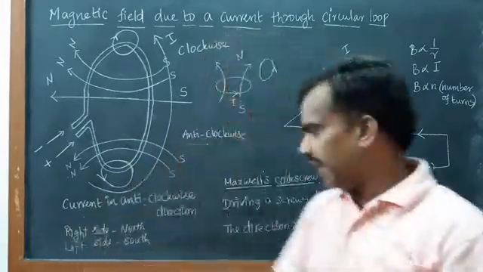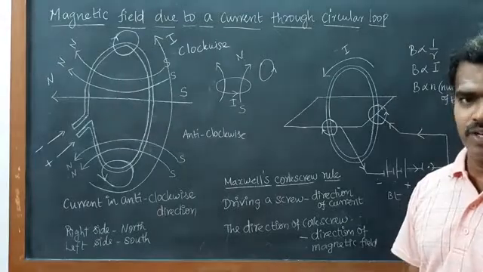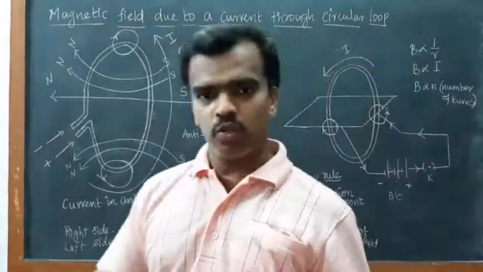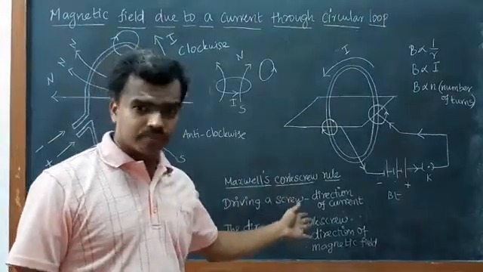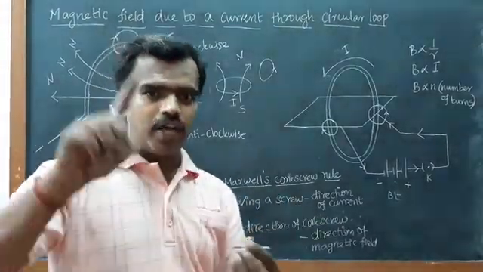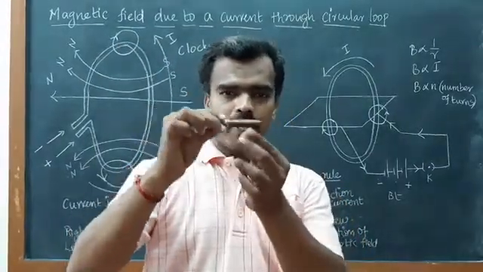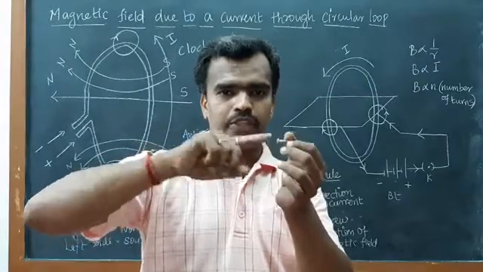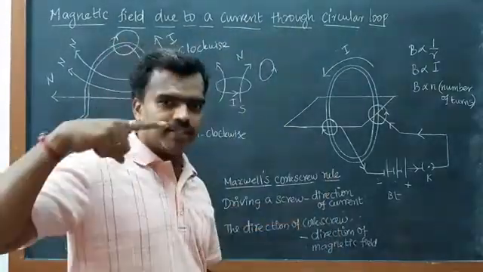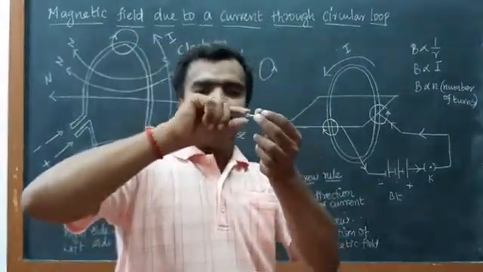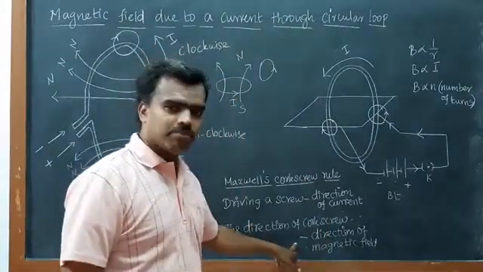The direction of the screw's rotation indicates the direction of the magnetic field. They may ask this in a 2 mark question, either the right hand thumb rule or Maxwell's corkscrew rule.